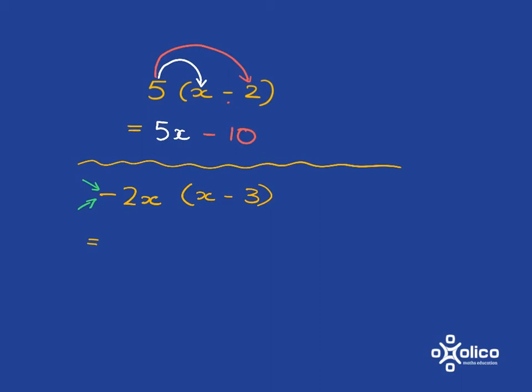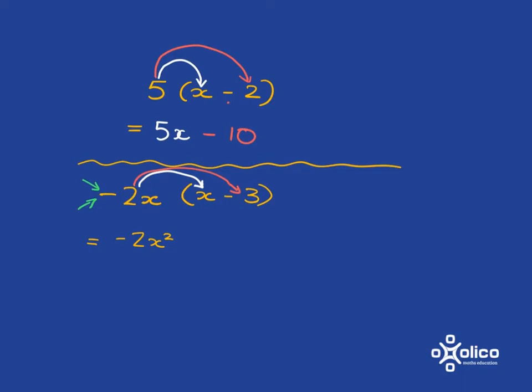Distributive law tells me exactly the same thing. I need to take this negative 2x and multiply it with each and everything in that bracket. So I need to first of all multiply it with the x. Negative 2x multiplied by x is negative 2x times x, which is x squared. And then I need to multiply this with that.